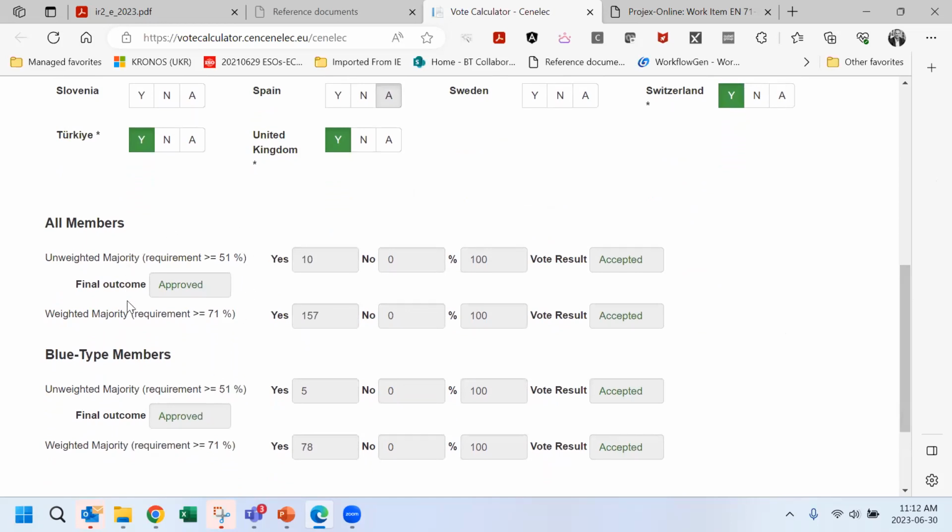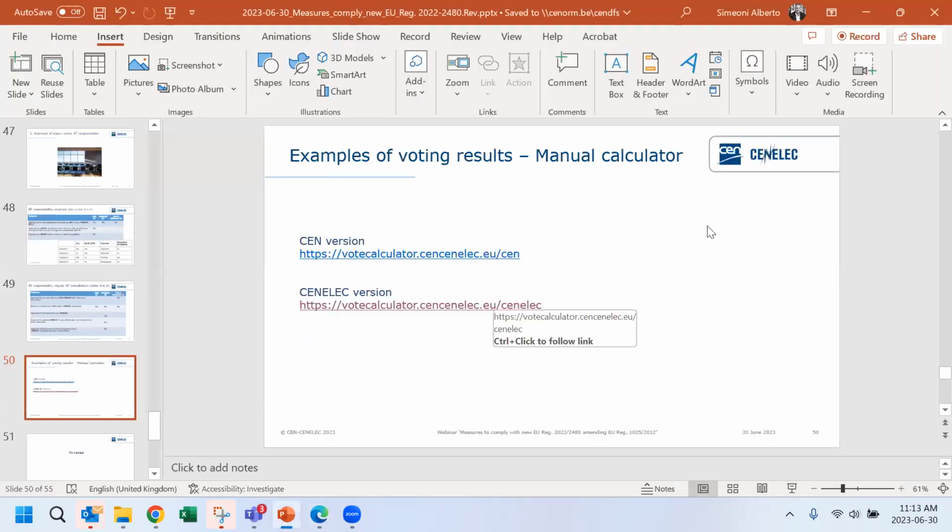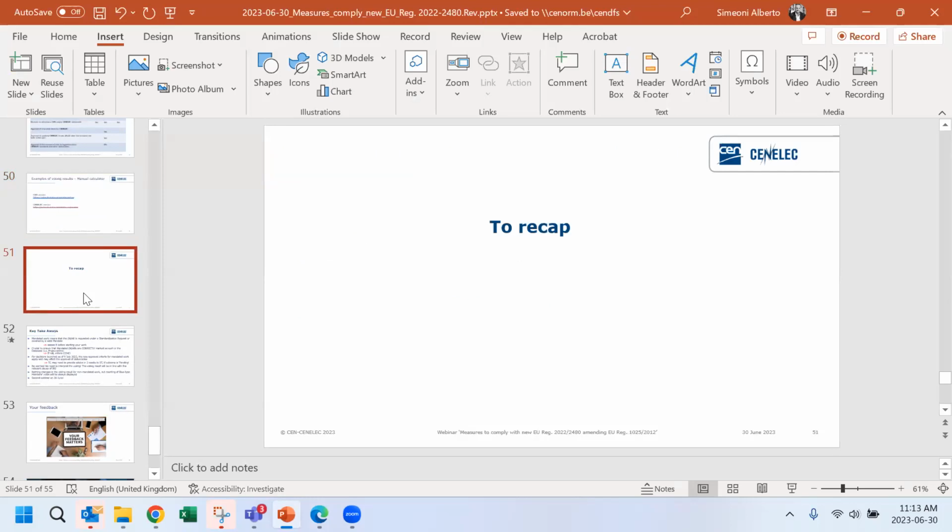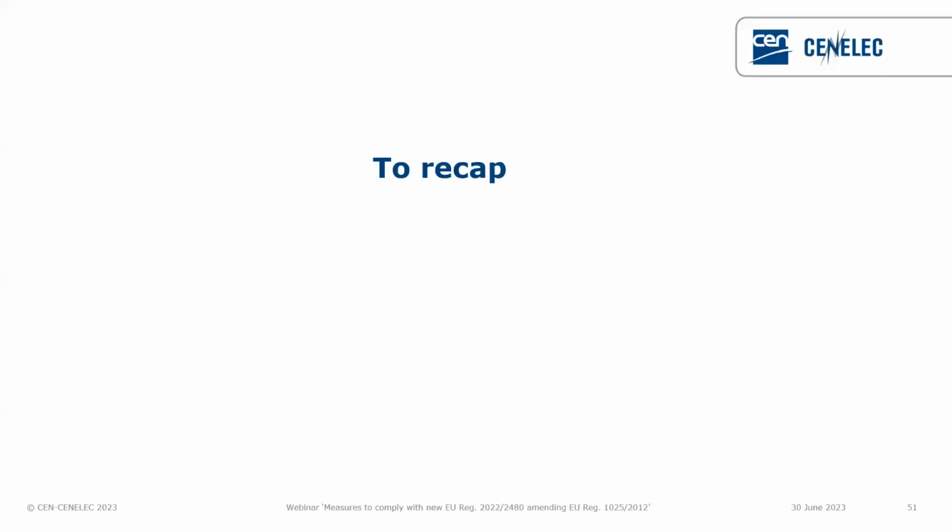So this is the case where there is an approval outcome for both votings, so the standardization request will be approved. So the CEN and CENELEC vote calculators have been modified, so it will be possible to clearly identify the result for the counting with the blue tie members and all members.